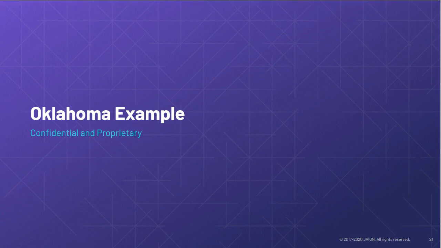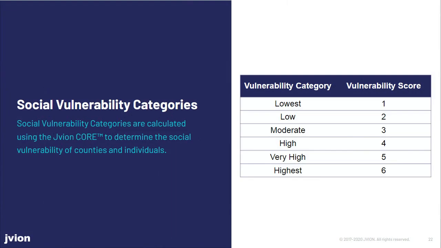So we did work with Oklahoma and Oklahoma Medicaid to dig in, and what we did there is we took all of Oklahoma, scored its counties on a scale from 1 to 6, 1 being the lowest vulnerability, to 6 being the highest vulnerability, and then looked at whether or not from Medicaid that correlated with important outcomes.